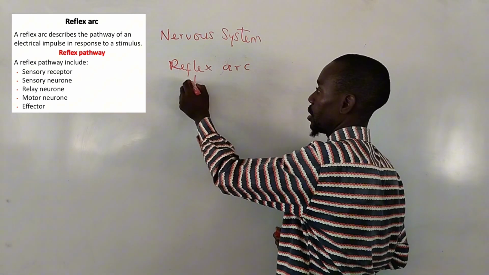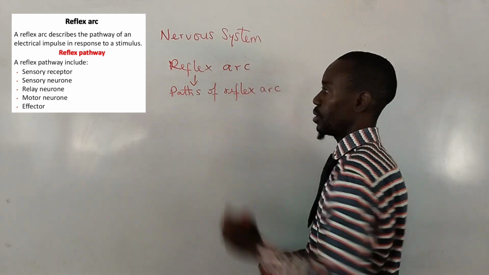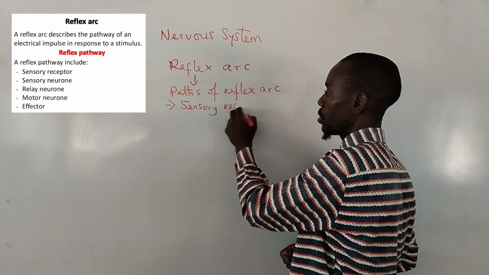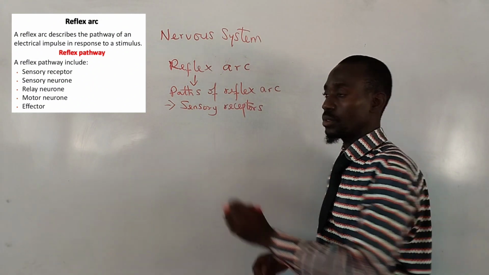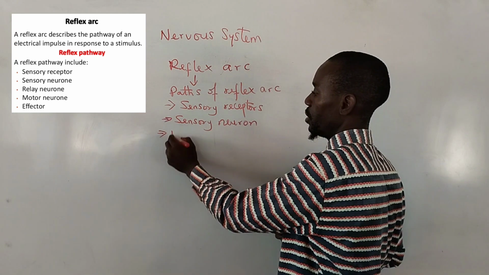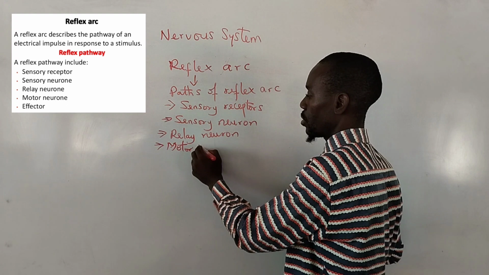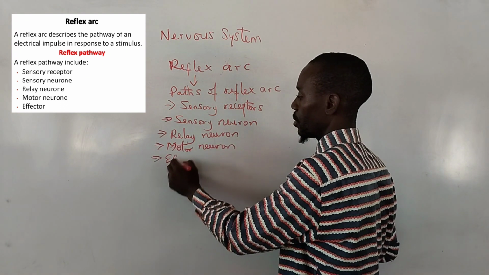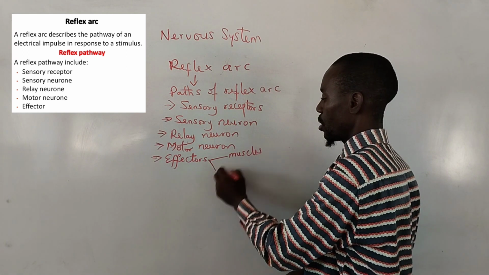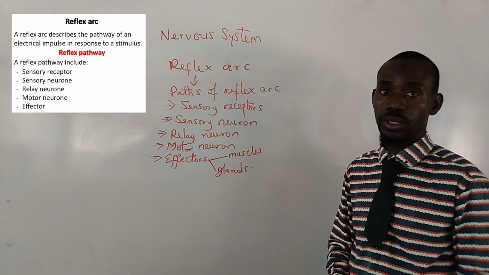The parts of a reflex arc are: one, we have the sensory receptors, we have the sensory neuron, we have the relay neuron, we have the motor neuron, then we have the effectors, which are usually the muscles, and then glands. So these are the parts of the reflex arc.